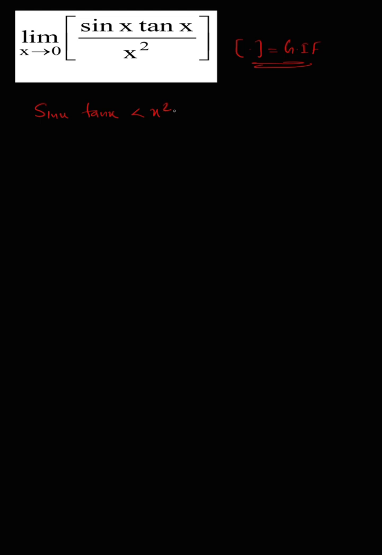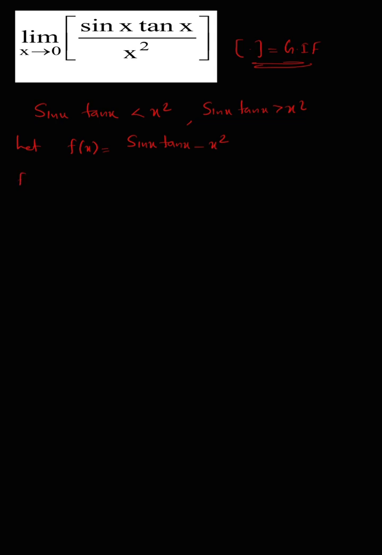I need to know whether this is less than x square or greater than x square. That's the question. So let me consider a function f of x equal to sin x tan x minus x square. Now I want to know whether f of x is greater than 0 or less than 0. Based on that, we will get the inequality related to the quotient.